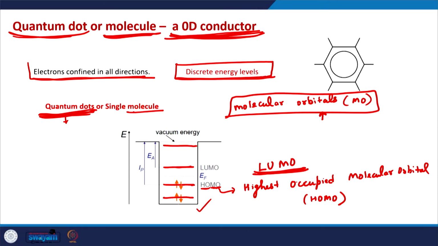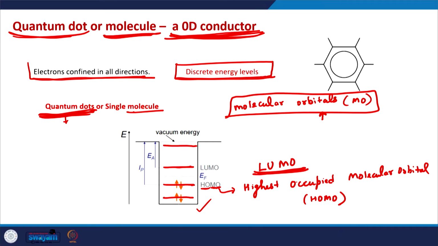Generally, in most of the cases in stable quantum dots, there are 2 electrons in HOMO, because if there is 1 electron in the highest occupied molecular orbital, that becomes quite a reactive quantum dot, because it has a tendency to give 1 electron or to take an electron from the external environment essentially.